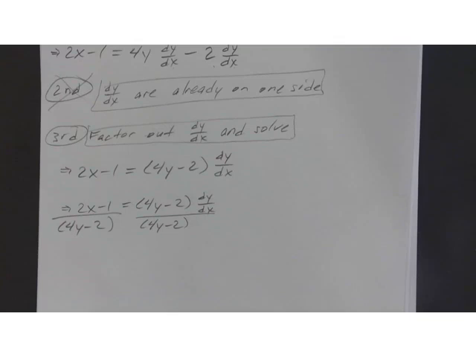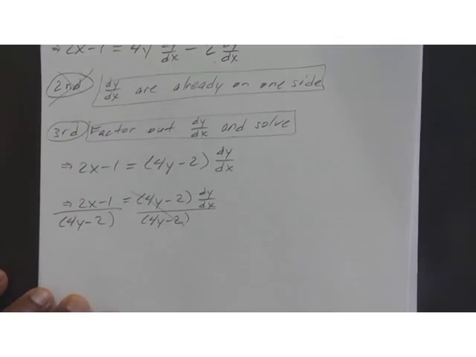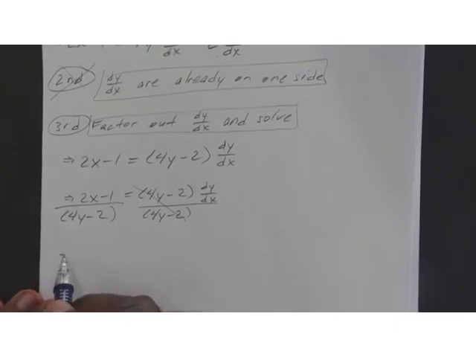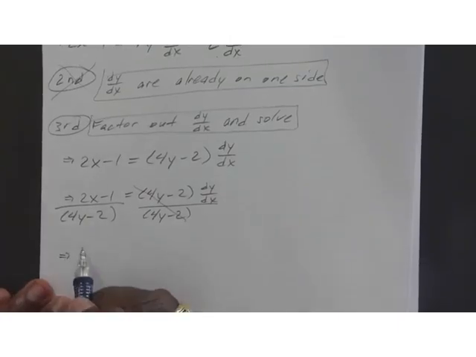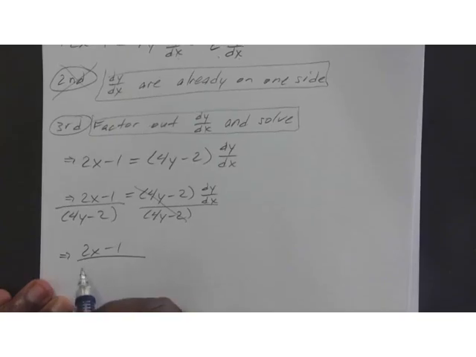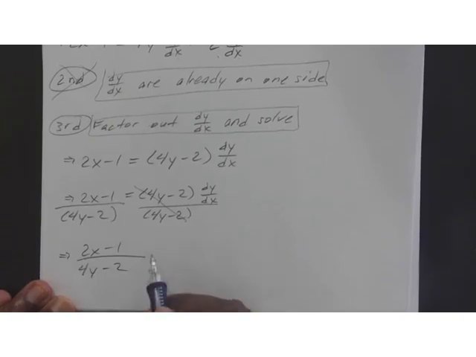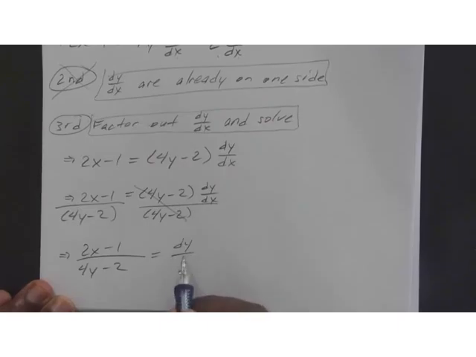Okay, so anything divided by itself is always going to be 1, so those two cancel each other out. So we have 2x minus 1 divided by 4y minus 2 is equal to our dy dx.